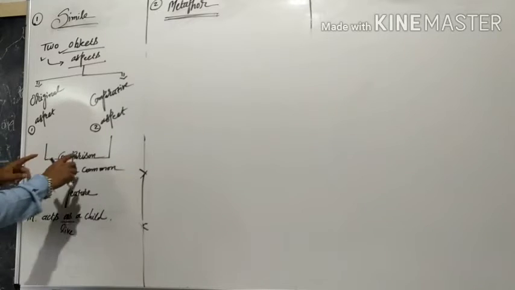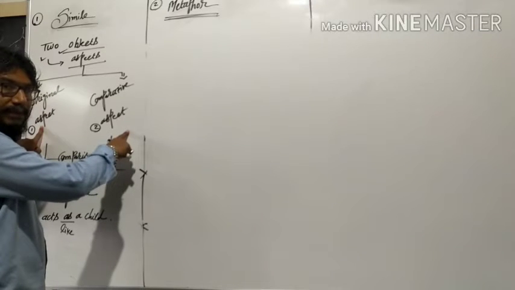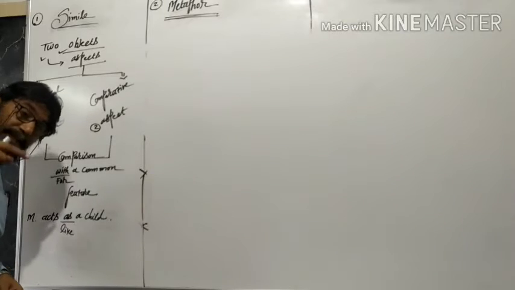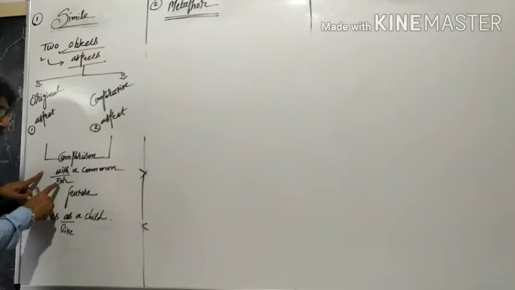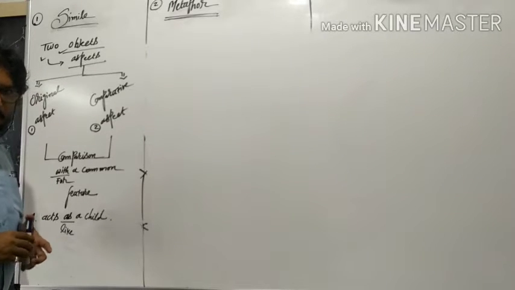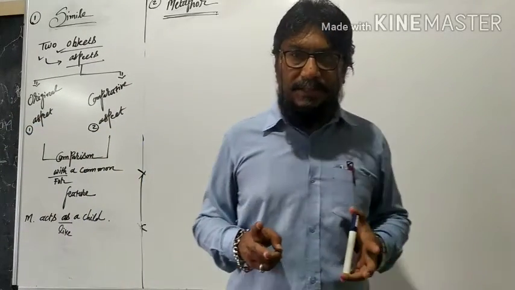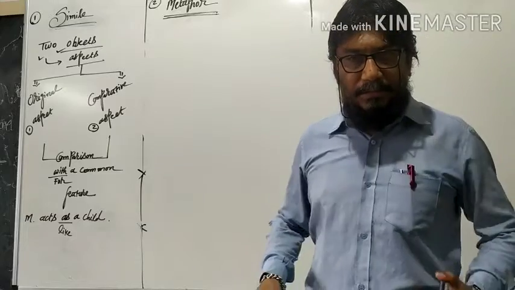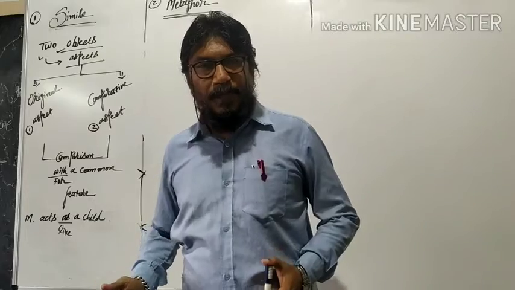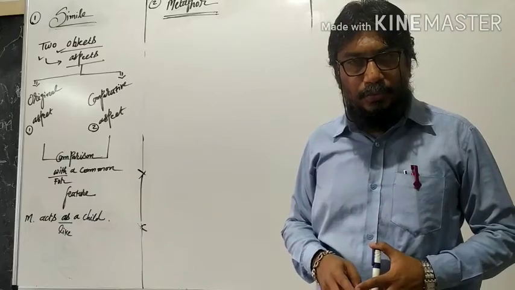Then of course there will be a comparison between the original aspect and the comparative aspect. And that comparison would be with a common feature. Once again, there will be minimum two aspects. With these two aspects, there will be a comparison between the first object and the second object. There will be a common characteristic between these two.